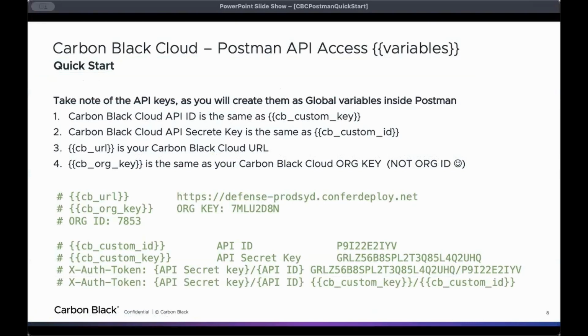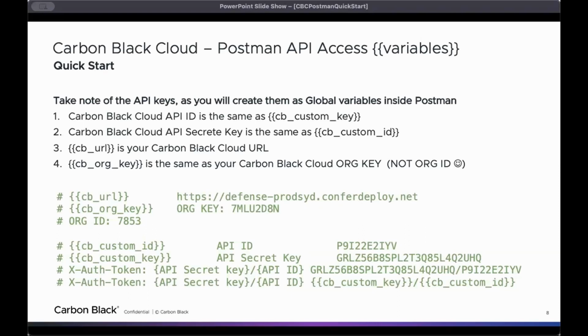And the double brackets mean that there are actual variables inside Postman. Again, the API secret key is cb_custom_ID. Then the CB URL. Make sure you use the right URL for your tenancy, and you can find the US URLs in the documentation as well. And the org key is the same as your Carbon Black Cloud org key, not your org ID.